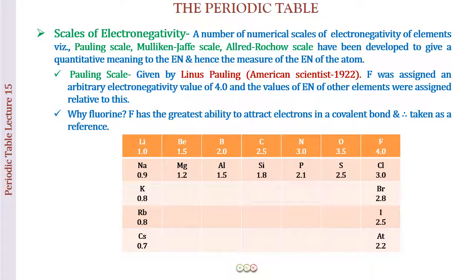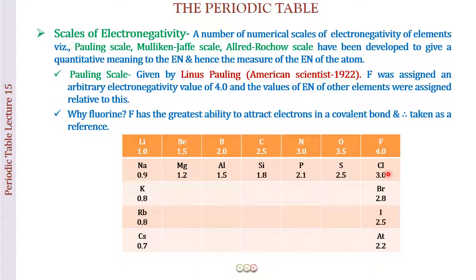So these are the values of the electronegativity when fluorine was taken as 4. Relative to fluorine, this means that oxygen has a lesser electronegativity. Nitrogen will have a value less than oxygen, and similarly chlorine and nitrogen have almost the same electronegativity values.